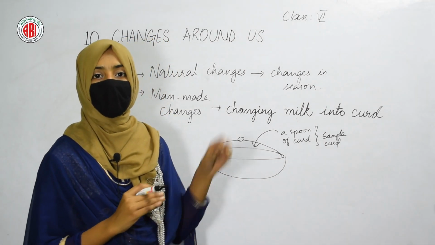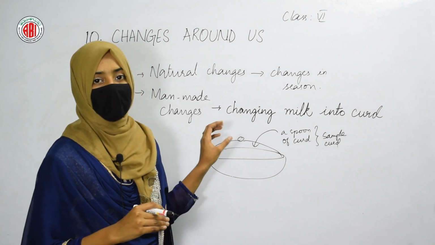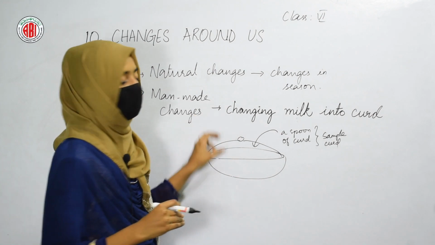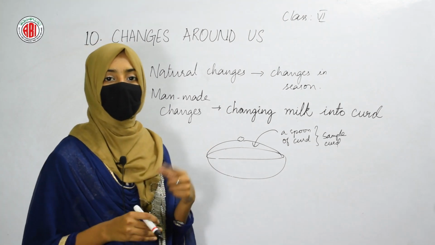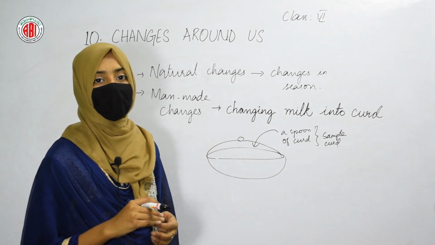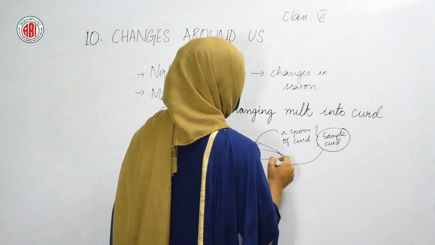We should not disturb this bowl. Keep it undisturbed, and after a few hours, the milk in this bowl will get converted into curd because of the addition of sample curd into this warm milk.